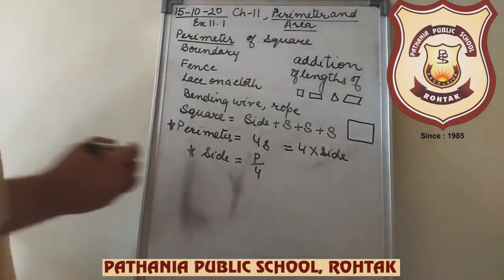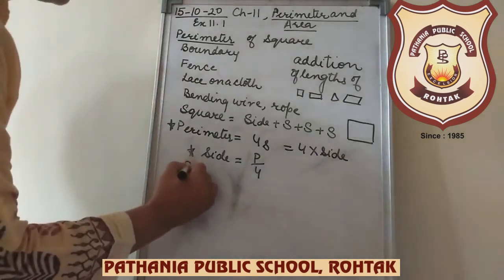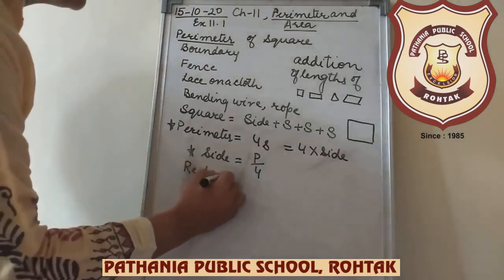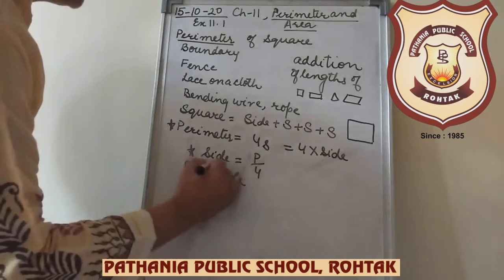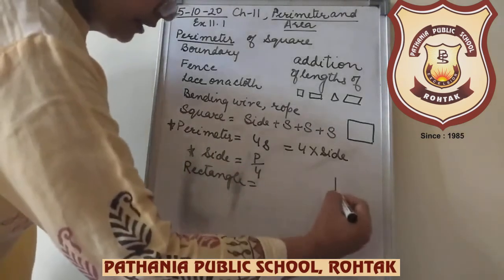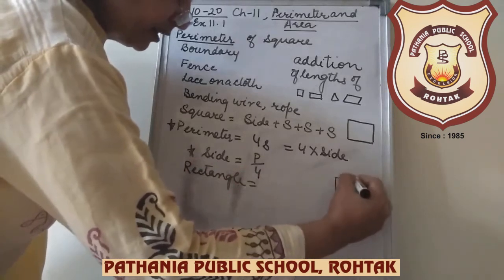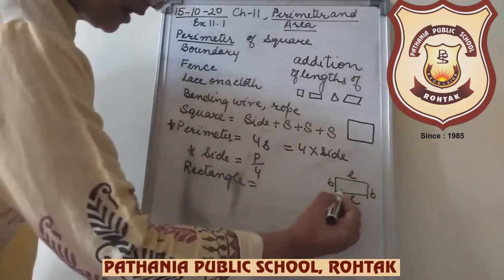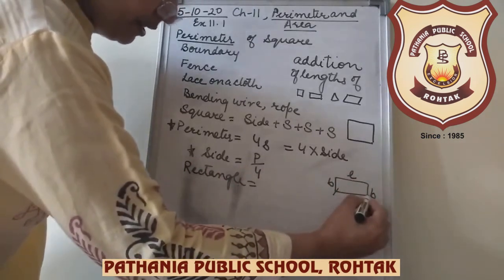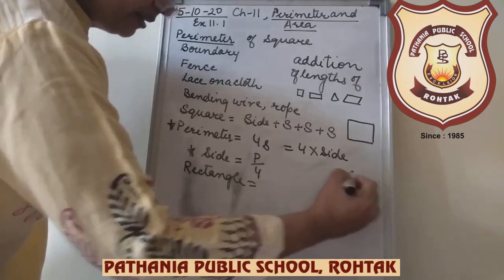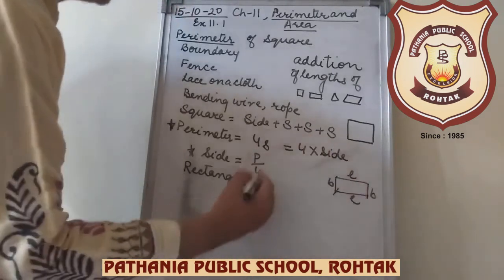Now we'll come to the rectangle. In rectangle, I'll draw here. This is length, this is breadth, again this is length and this is breadth. If I start from here, this length add to breadth, this length again add to breadth.